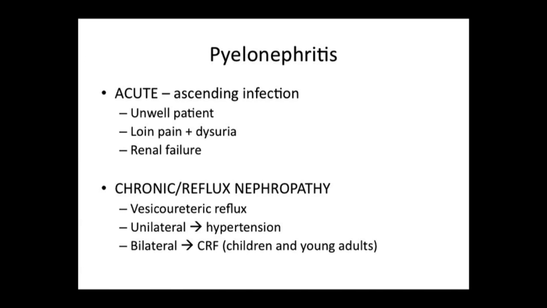Okay, and the way you differentiate this from just someone with a normal UTI with a bit of frequency and dysuria is that they'll be very, very unwell. And they will have loin pain, usually symptoms of urinary tract infection as well, so pain on urination. And they may even get renal failure if both kidneys are affected.